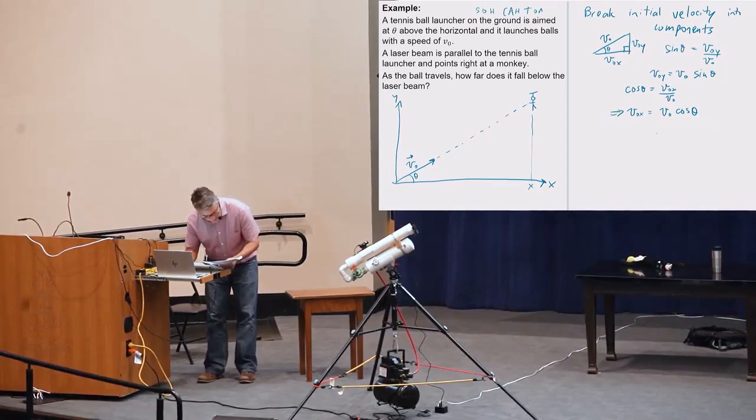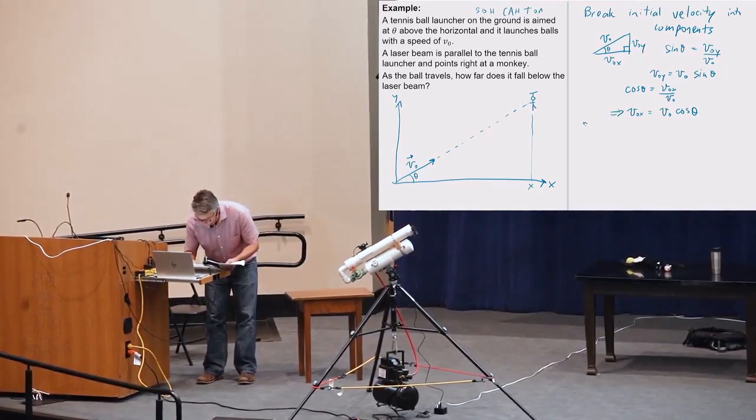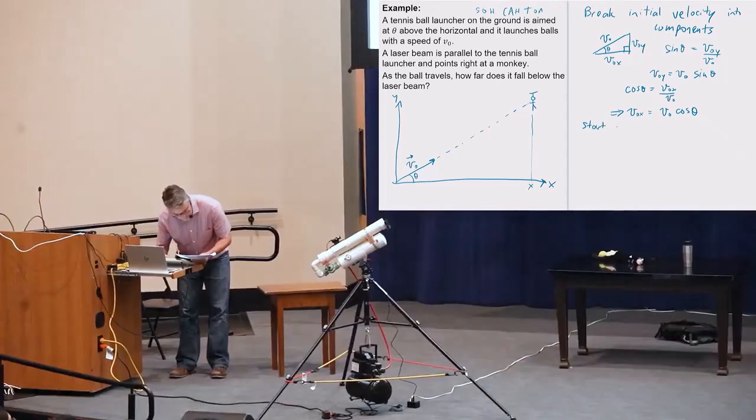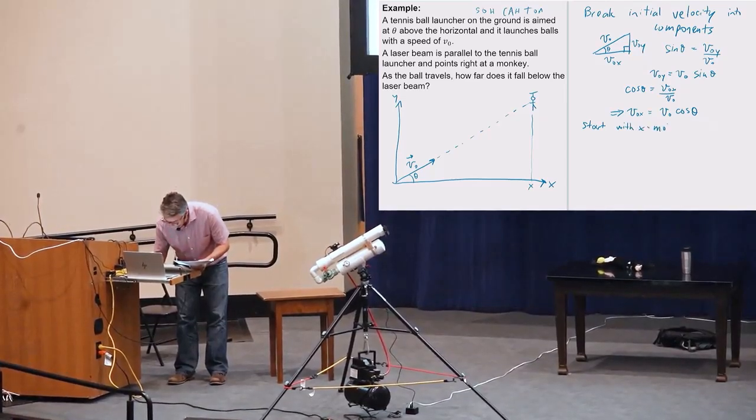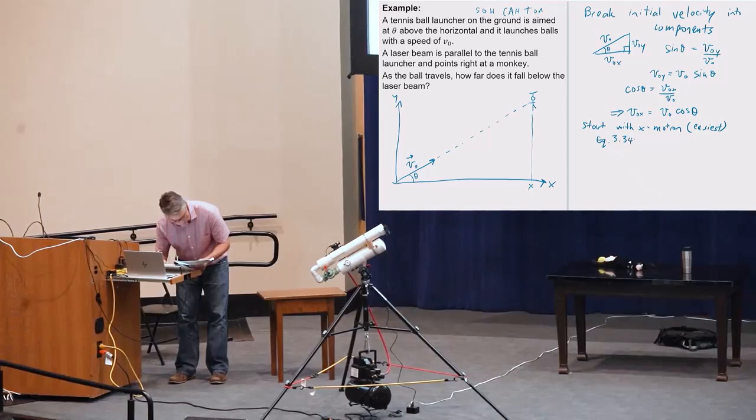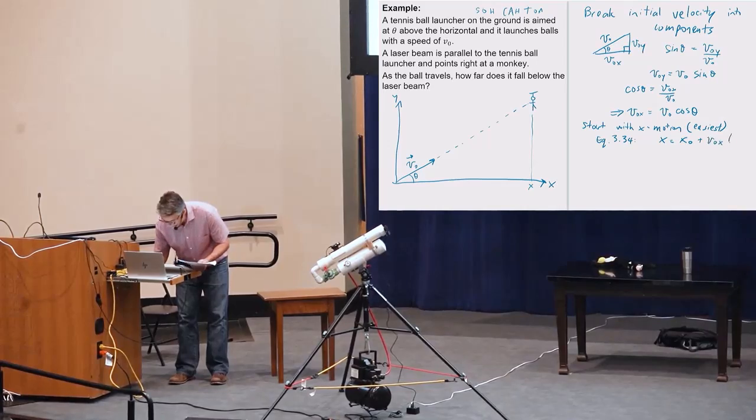Okay. Next step is, let's start, I guess, with the x component of the motion, because it's the easiest, because there's only one equation for it. It's equation 3.34 in your chapter 3. It's just that x is equal to x0 plus v0x times t.